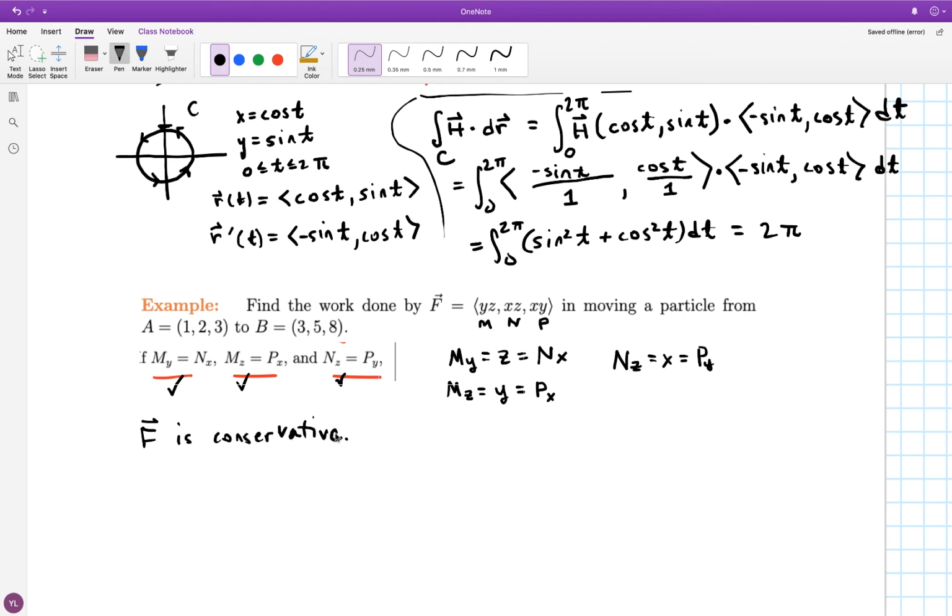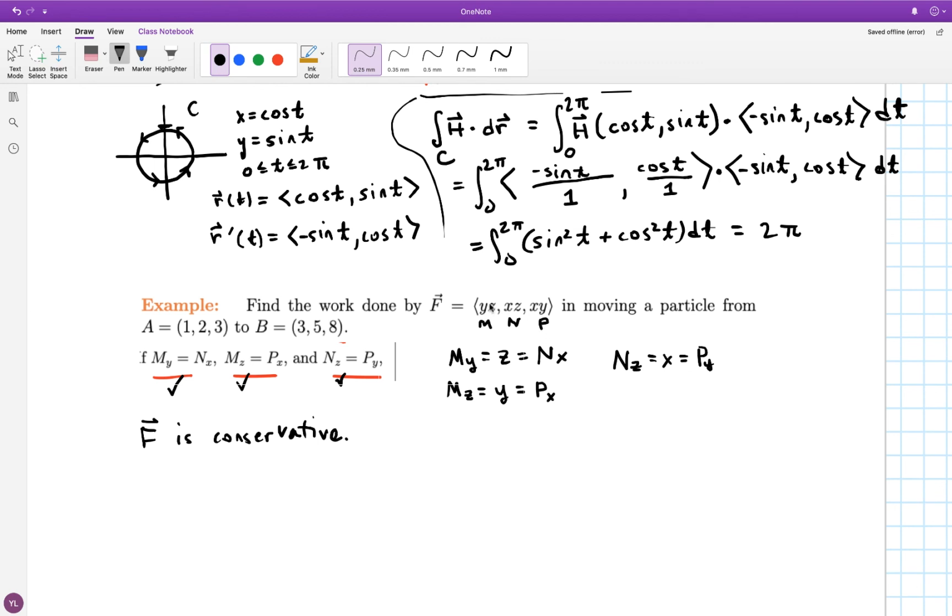which means I should be able to find a potential function for it. With f being kind of simple, I think I'm going to do this in my head, but you can go through a systematic process that I outlined before if you like. You can integrate m with respect to x, integrate n with respect to y, and integrate p with respect to z, and then line them all up.